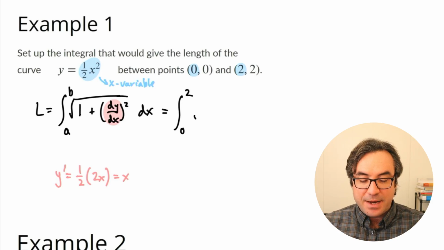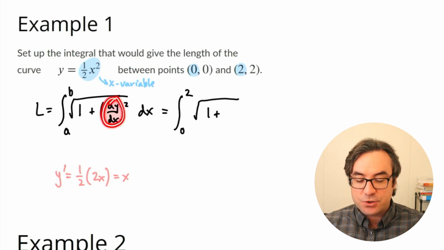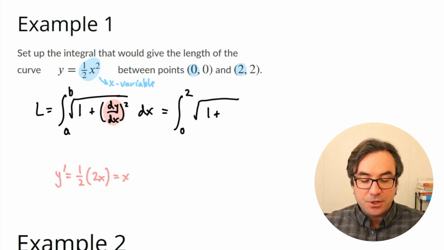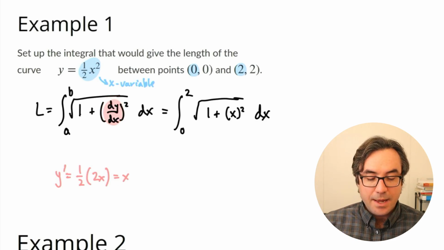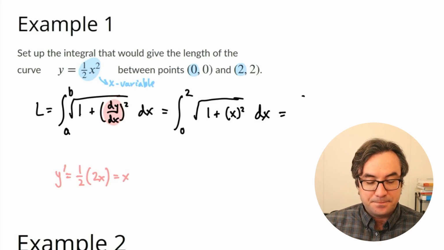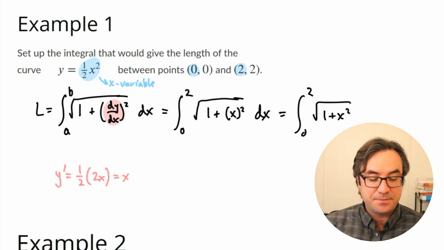And when we fill that in, we end up with the square root of 1 plus, and now we have to square this derivative. So we take the derivative that we found and square it. If we clean that up, get rid of the parentheses, we get the square root of 1 plus x squared.